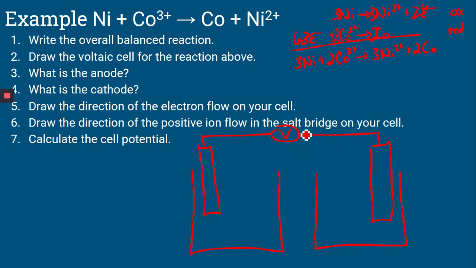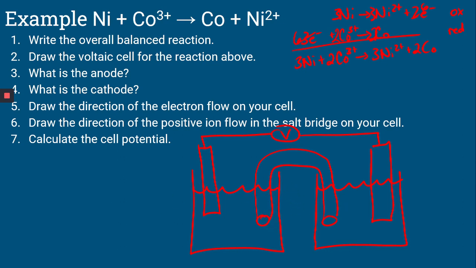And you need to put your voltmeter in the middle there. The electrodes need to be sitting in a solution, so we put water there to represent that it's solutions. And then you also need your salt bridge so that the ions can balance out and we don't get a buildup of one charge or another.